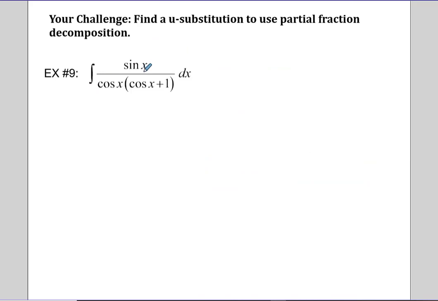So here in number 9, we're going to use u-substitution, and let's let u be cosine of x, then du is negative sine x dx, and that way we can use partial fractions.